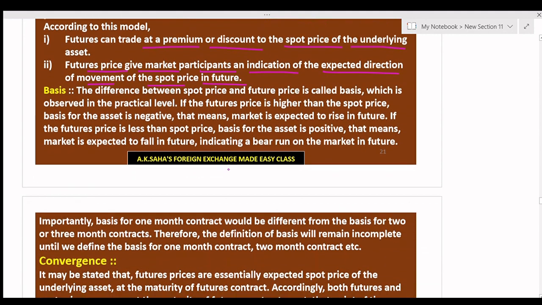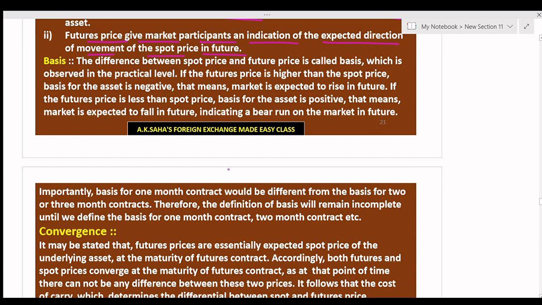Next comes basis. Basis, the difference between spot price and future price, is called basis, which is observed at the practical level. If the future price is higher than the spot price, basis for the asset is negative.